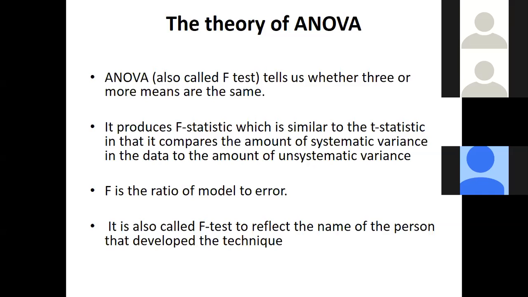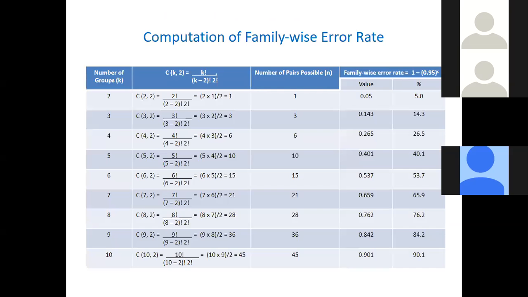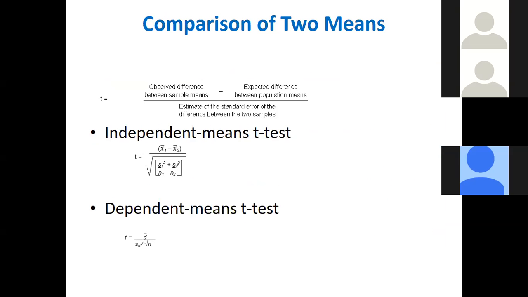So what you're actually doing is dividing the systematic variation, which is the numerator, by the unsystematic variation, which is the denominator. If you remember, if I go back, I thank God I put it there. In our t-test, I talked about dividing the difference between the two means by the standard error.